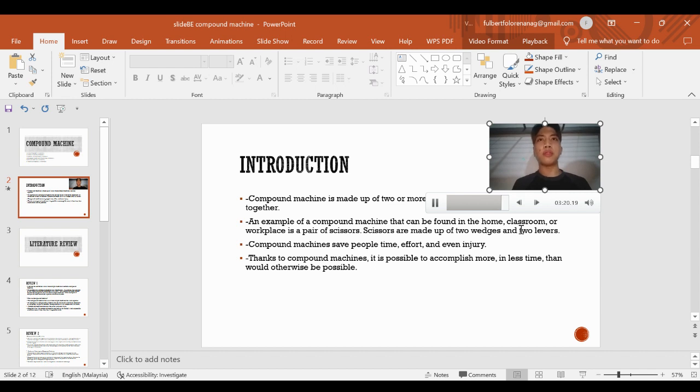Compound machines have greater mechanical advantage than simple machines because the mechanical advantage of a compound machine is equal to the product of the mechanical advantages of all its component simple machines. The more simple machines it contains, the greater its mechanical advantage.